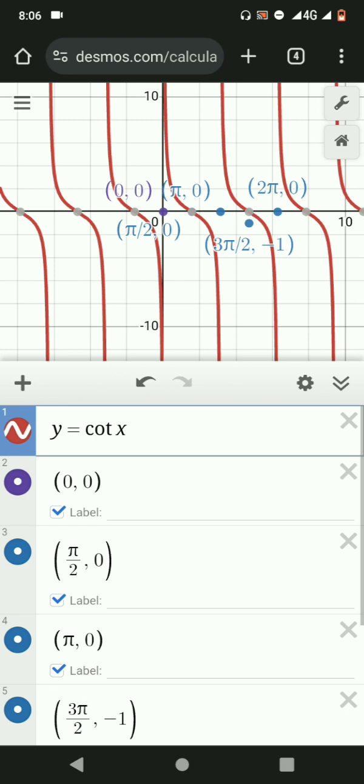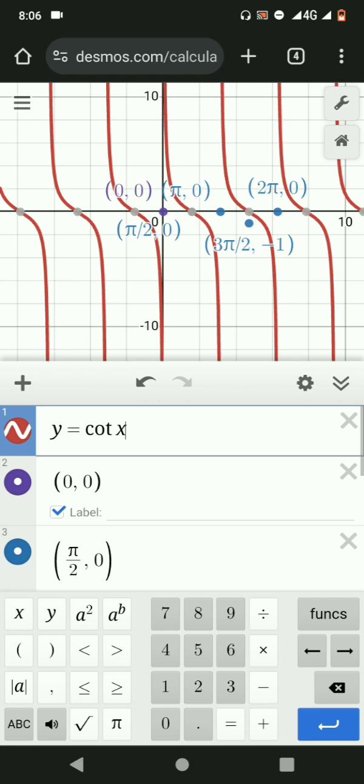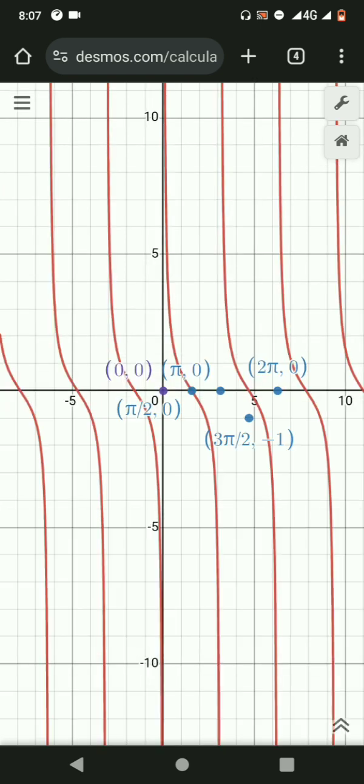To graph y is equal to cot x, use the identity cot x is equal to cos x over sine x. At the values of x for which sine x is equal to 0, the cotangent function is undefined and its graph has a vertical asymptote. So here is the graph of y is equal to cot x.